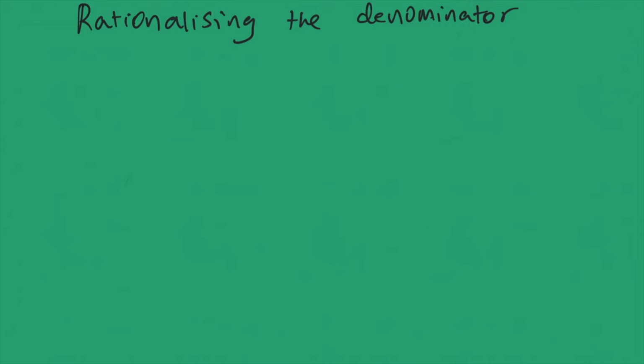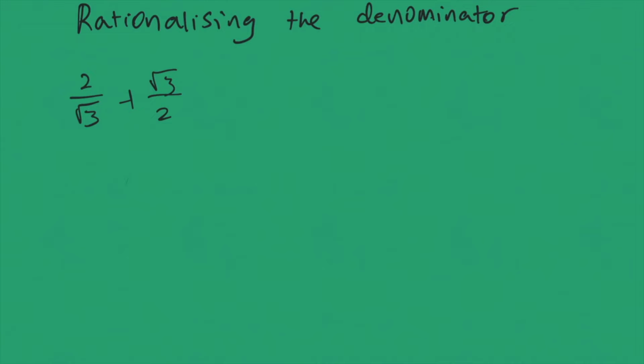Let me show you an expression. 2 over square root 3 plus square root 3 over 2. We can't really add them together right now because this expression is untidy.